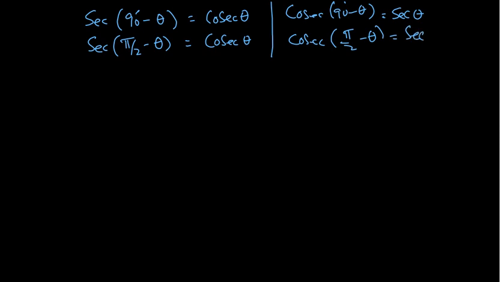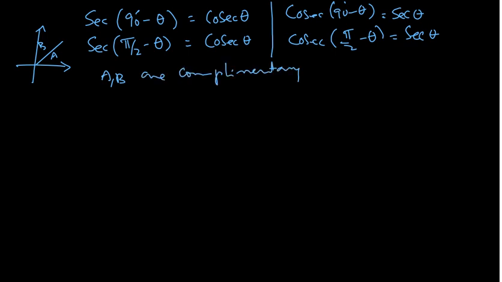We have this pi by 2 minus theta. As far as the graph is concerned, you are taking two angles. That means you split this 90 degrees into one part and another part. We will say A and B are complementary.